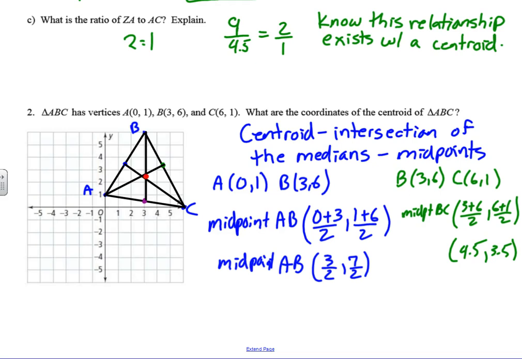But really they're going to intersect right here in that point. So the centroid would be the point 3, 2.5. Okay, so we do that, and again, have a sharpened pencil. That'll help to be more accurate for you.